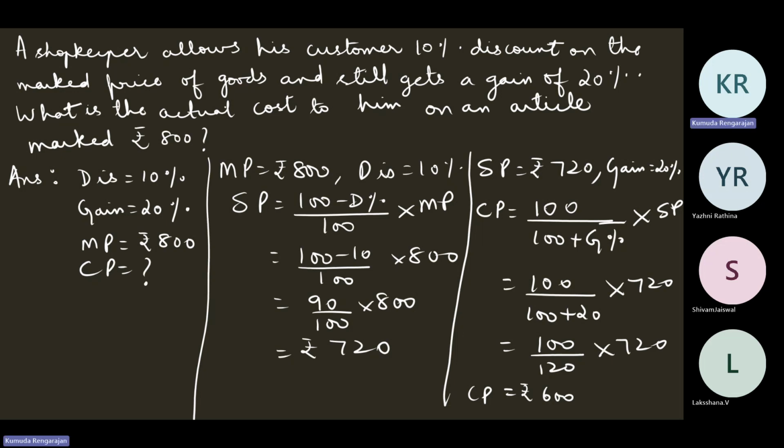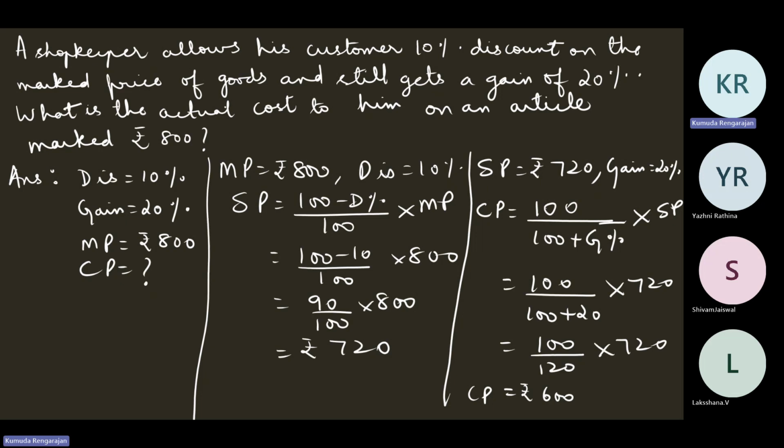So with all this, you should find the CP. Read the question, write out the details given, like I have listed discount, gain, MP, and understand what you have to find, CP. Now select two things with the help of which you can find the third one.